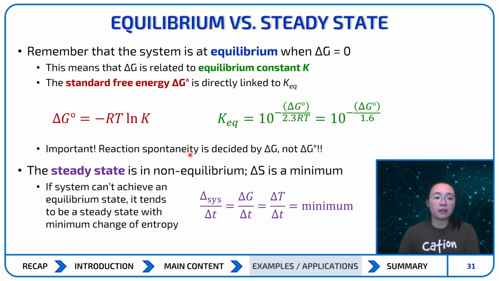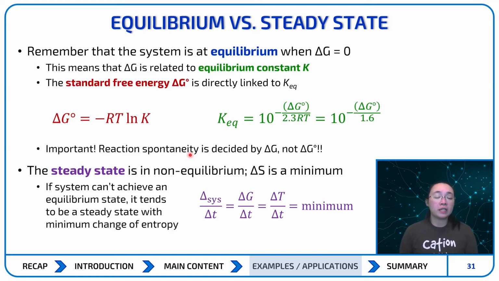Just keep in mind that delta G with the circle degree sign, delta G prime, usually refers to the standard free energy. And it's really important to note that reaction spontaneity is not decided by that standard free energy. It's decided by delta G. Now, the steady state versus equilibrium is in non-equilibrium, where delta S is at a minimum.